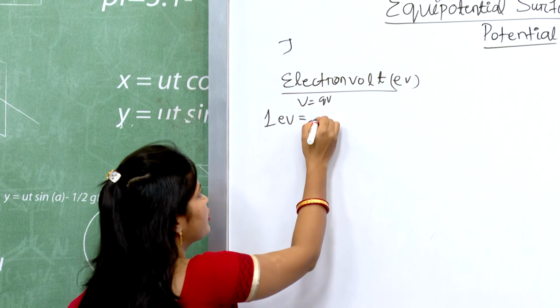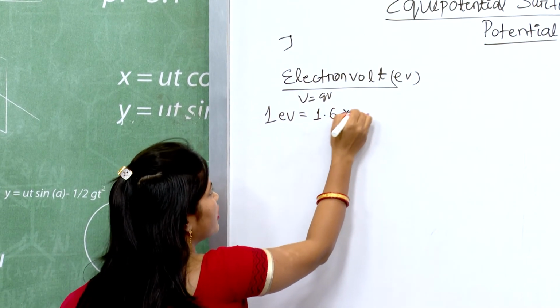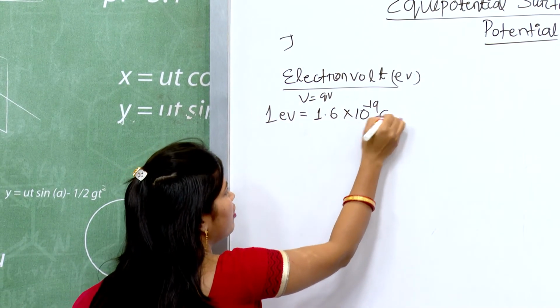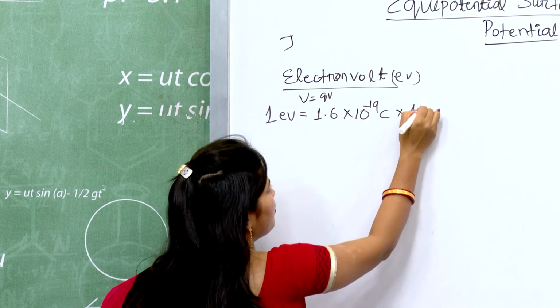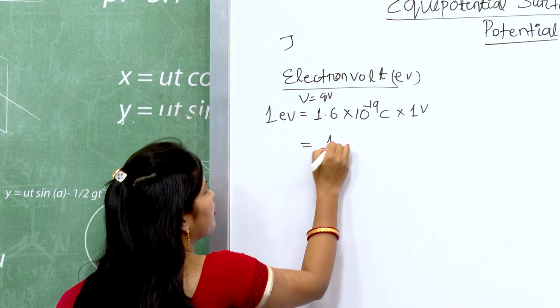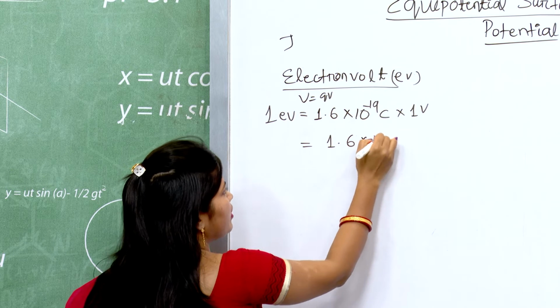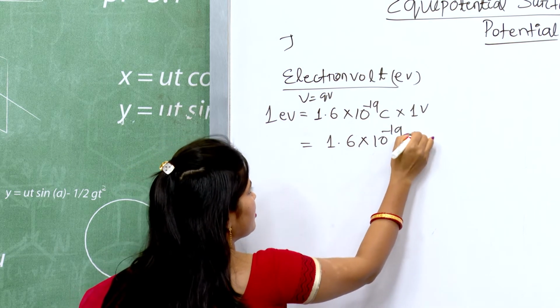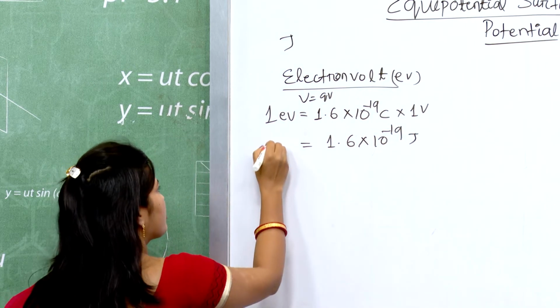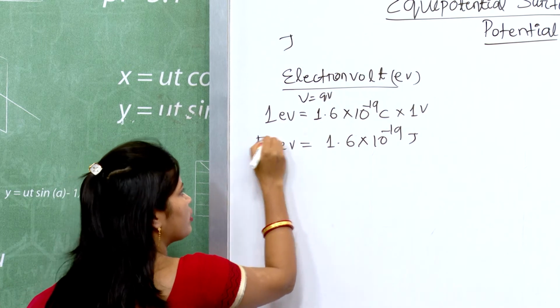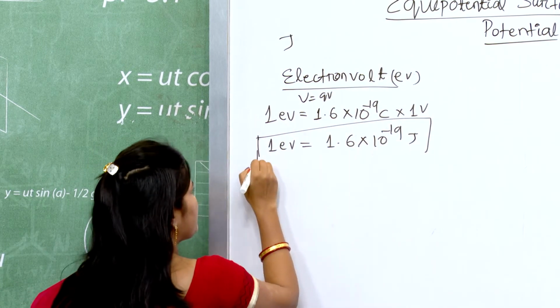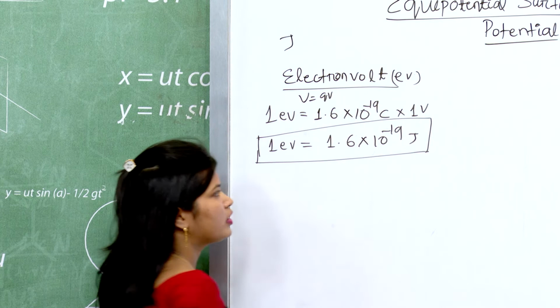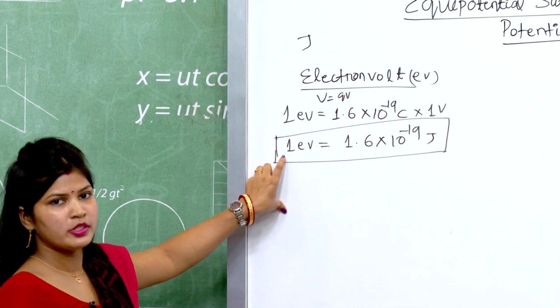So, charge of electron is 1.6 into 10 to the power minus 19 coulomb into 1 volt, that is 1.6 into 10 to the power minus 19 joule. So, 1 electron volt is equal to 1.6 into 10 to the power minus 19 joule. It is very important, you must remember.